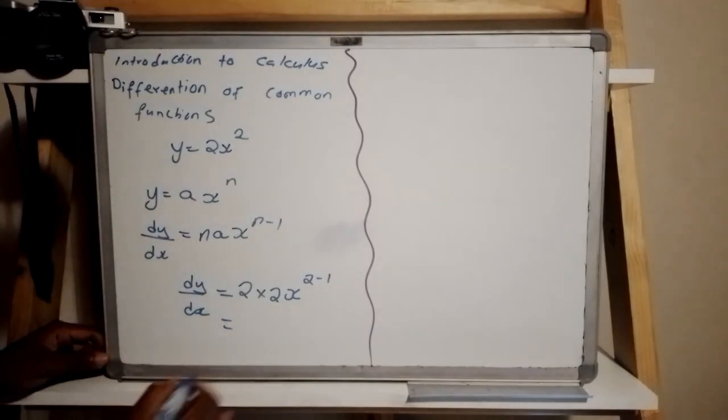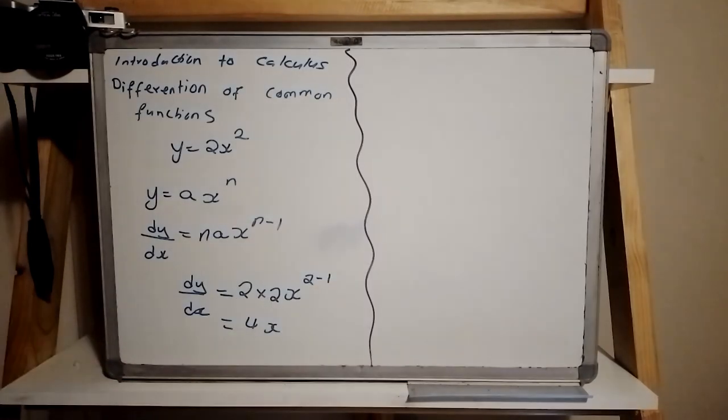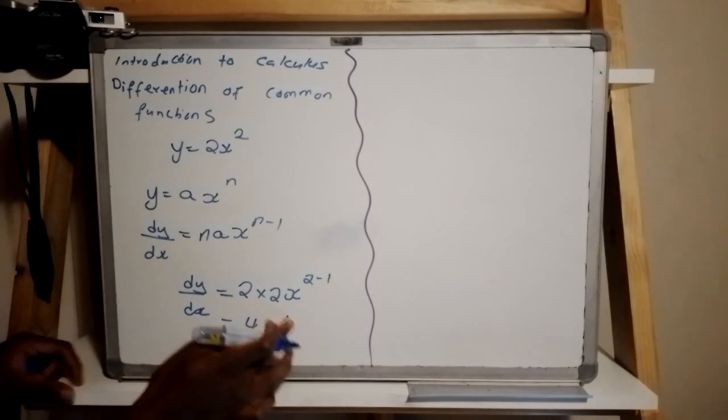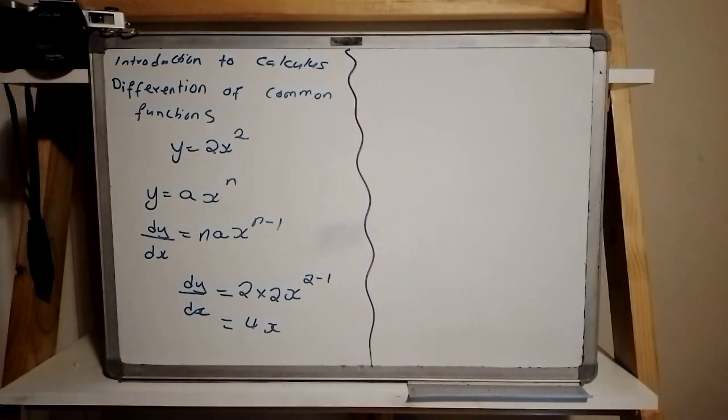Therefore, this will give me 4x. 2 minus 1 is 1, so there's no need to write that 1 there, right? This is the rule that you'll see in most of your questions when you differentiate in the coming questions.